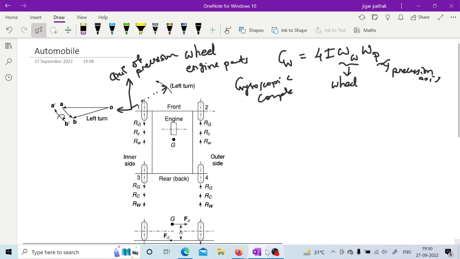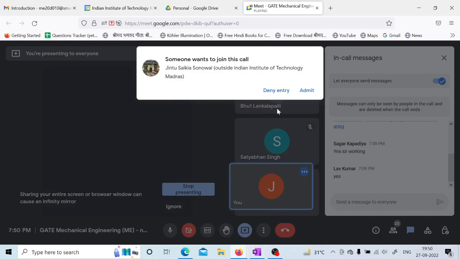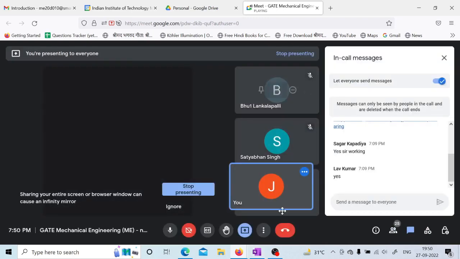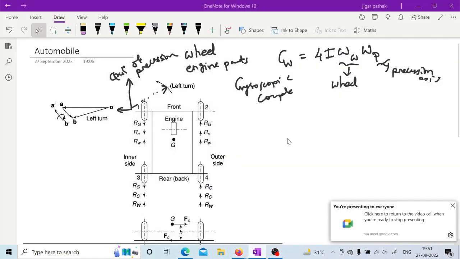That will be the axis of precession, and it will have some capital radius R, let us say.